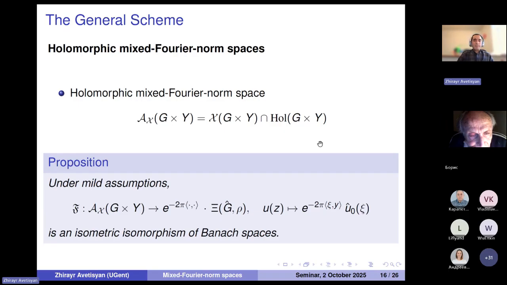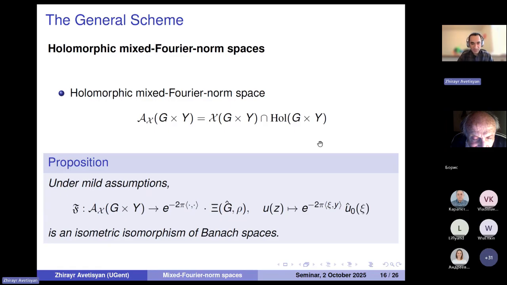Right. Now, the next principal result of this work is this proposition that under certain mild assumptions, as always, the half Fourier transform gives you an isometric isomorphism of Banach spaces between this subspace of holomorphic functions among the mixed Fourier norm space members and elements of the following form: this known factor e to the minus 2 pi times scalar product, times this weighted Banach space.